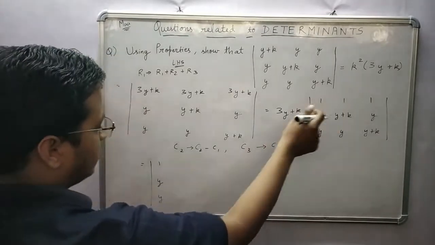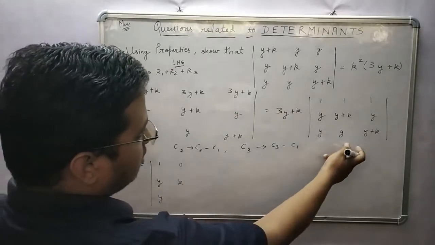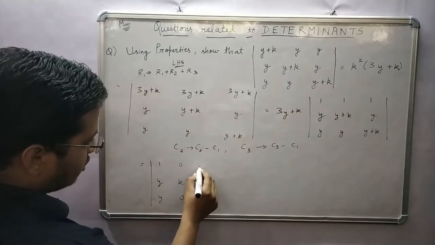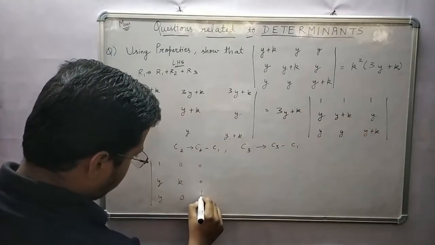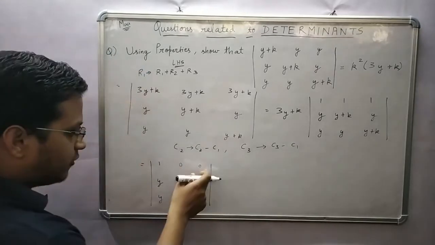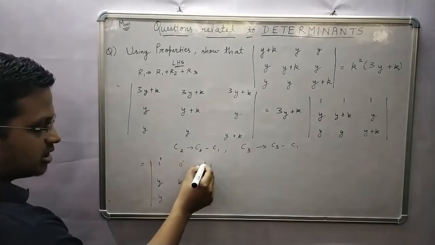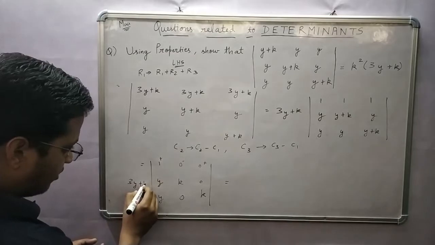C2 minus C1: 1 minus 1, 0. This minus this, k. This minus this, 0. Similarly, C3 minus C1: 0. y minus y, 0. This minus this, k. Now, as we have two zeros in one row, we can expand from here. So plus minus plus. We have taken 3y plus k outside.